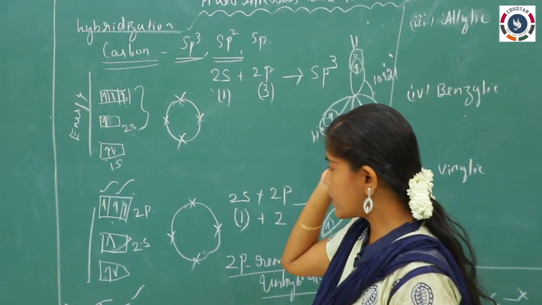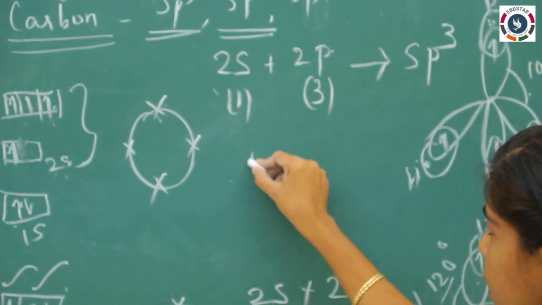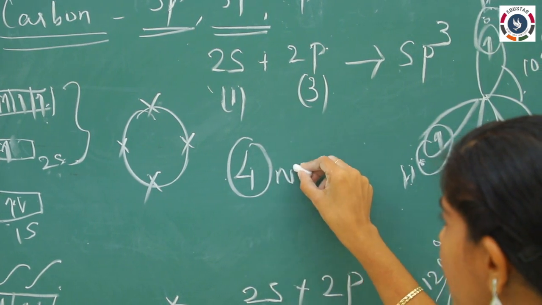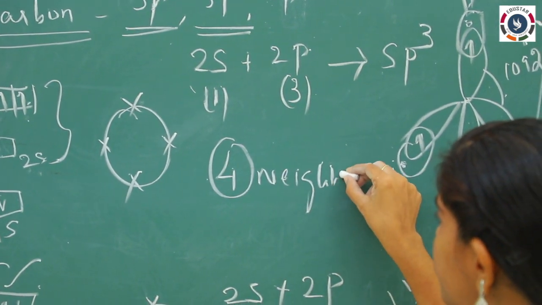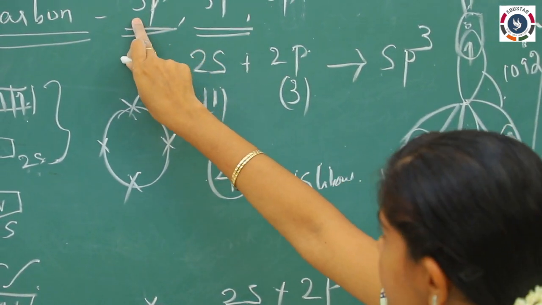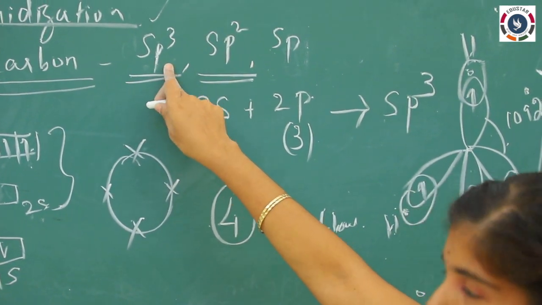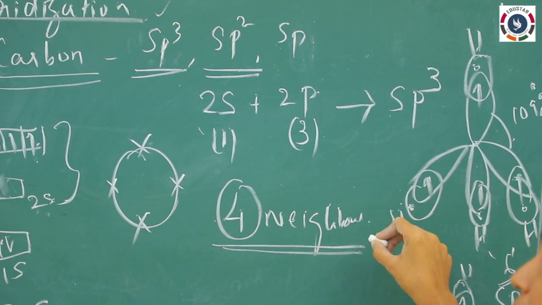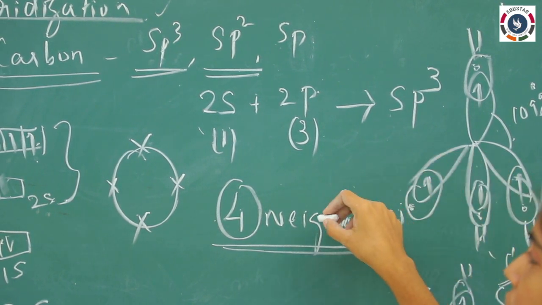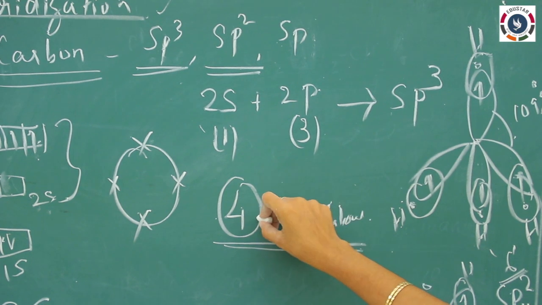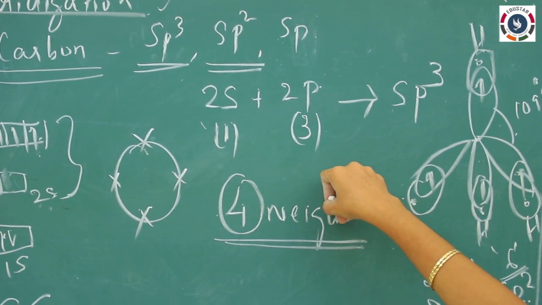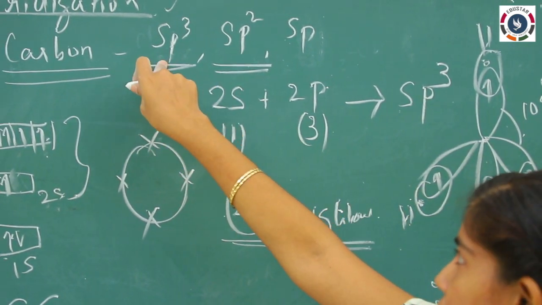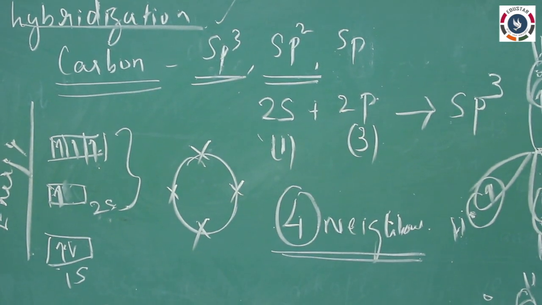If you see any carbon atom and that carbon atom has 4 neighbors, yes, SP3, 1 plus 3 it is 4. If there are 4 neighboring groups to a carbon atom, then the carbon atom is said to be SP3 hybridized.